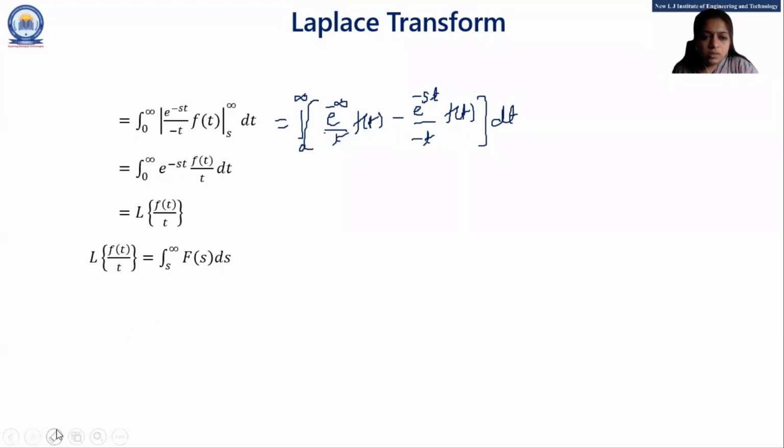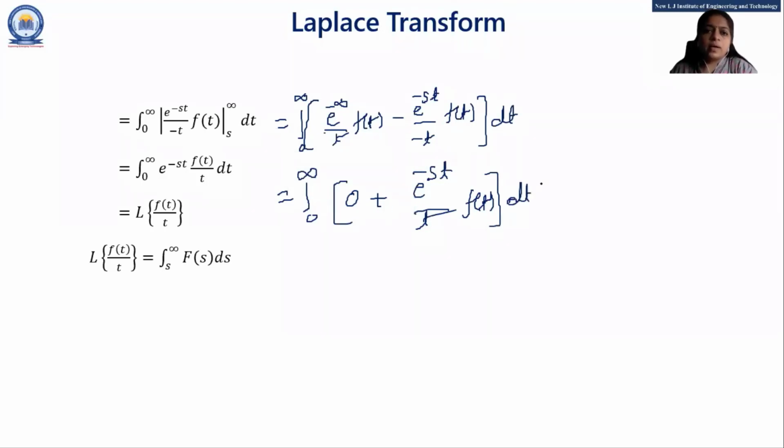What is e raised to minus infinity? It is 0. So our first term is 0, and this minus will convert into the plus sign. So plus e raised to minus st upon t into f of t dt. So it will convert into e raised to minus st into f of t dt.